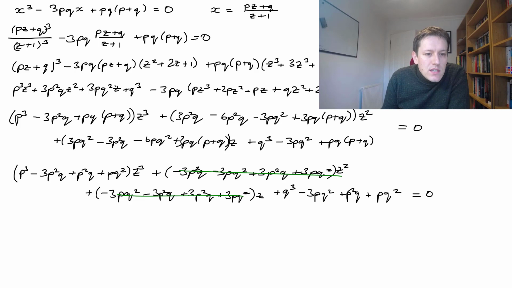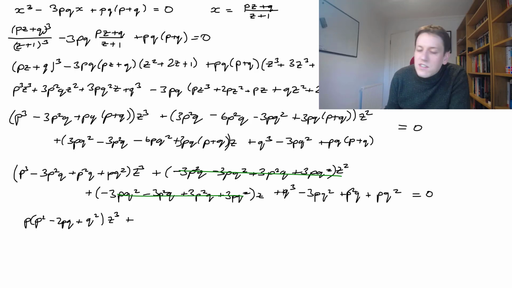Now if we look at this, in the first term here you can see there's a factor of p in everything, so we should give this a go at some factorising. And I've also got minus 3p squared q plus p squared q, so that's actually just minus 2p squared q, so with the p factor that's minus 2pq, and then I get plus q squared times z cubed.